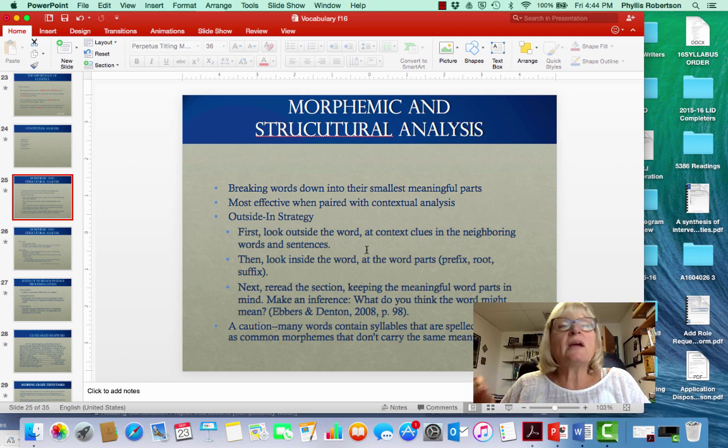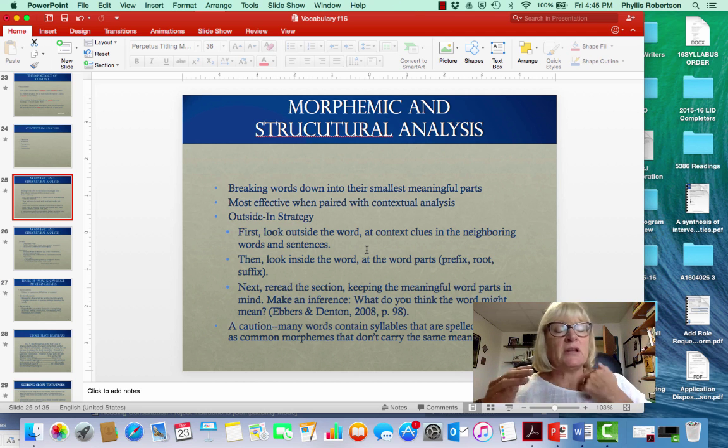Well, that's also true when it comes to meaning, and we can break words apart in those same ways we do for decoding purposes, but they also give us clues to meaning. And so it's real important that we can do those things at the same time. So remember that we can teach not only to pull off the affixes and look at the root word, but then we can teach how those affixes change the meaning of words.